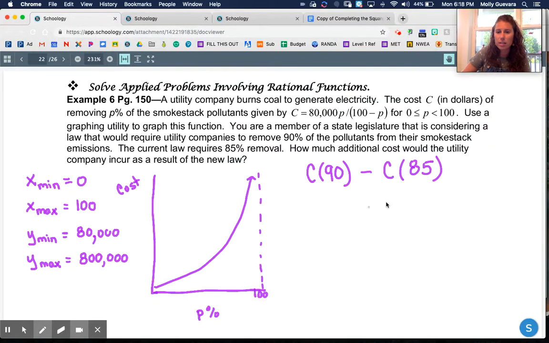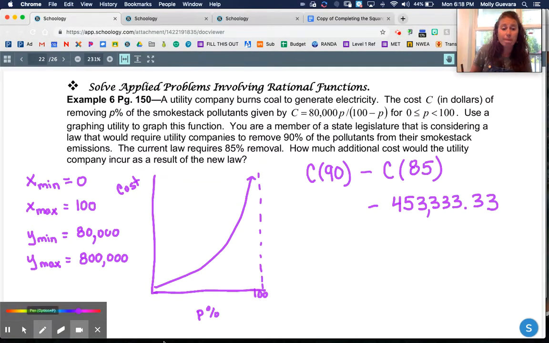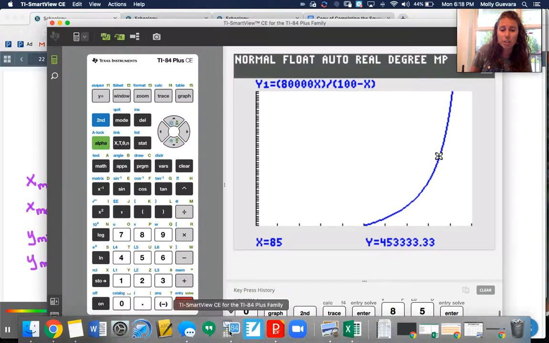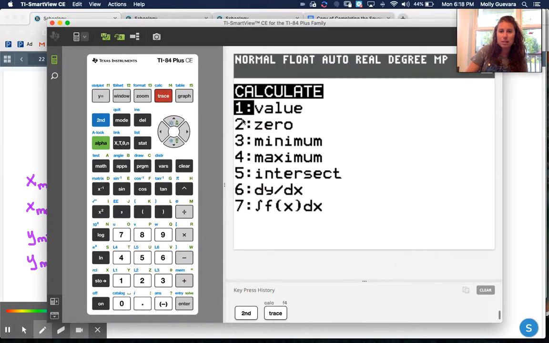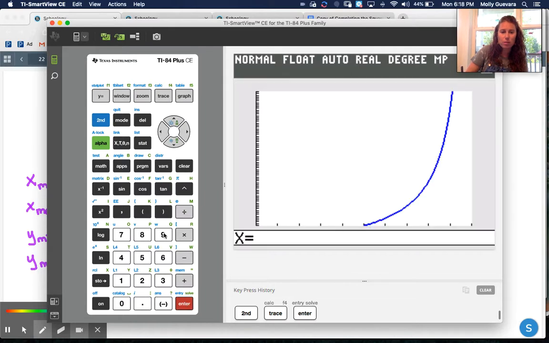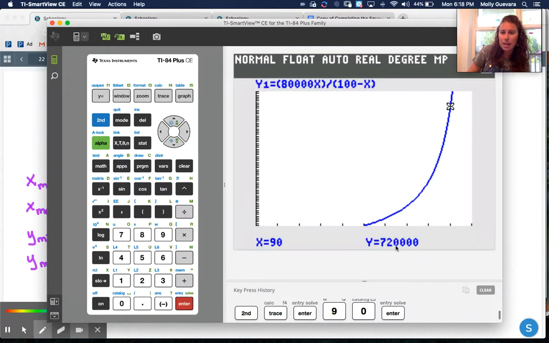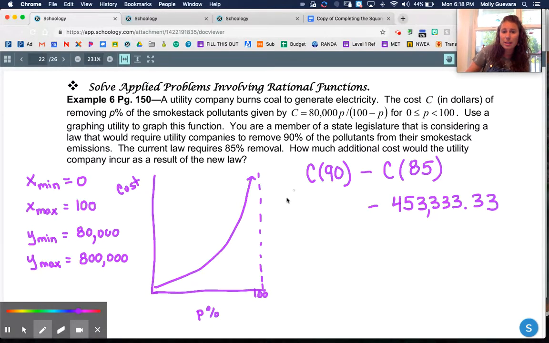So that's how much it costs at 85%. That's how much it costs your company. Now let's do that. So second trace, value, so number 1, and I want to know what does it cost to do 90%. And it's $720,000.